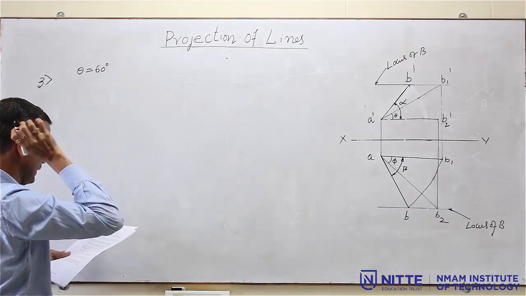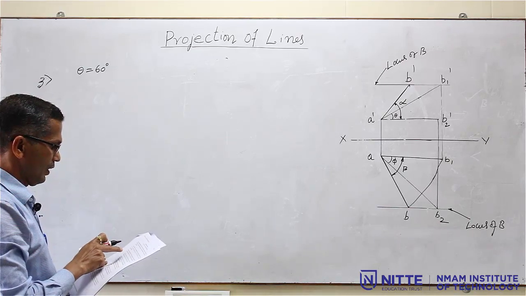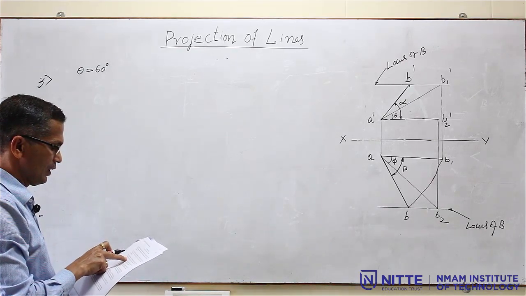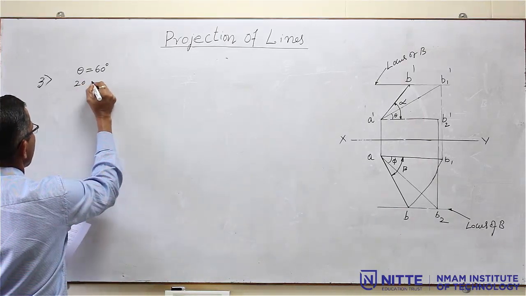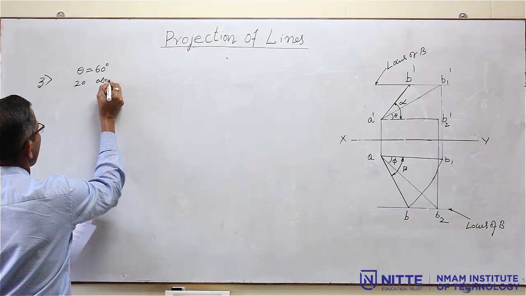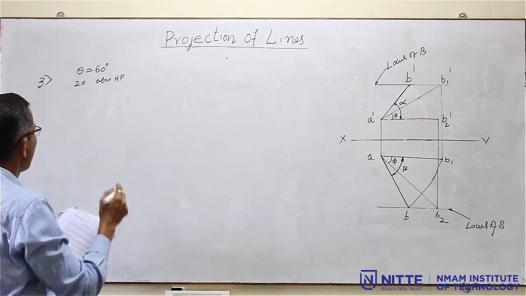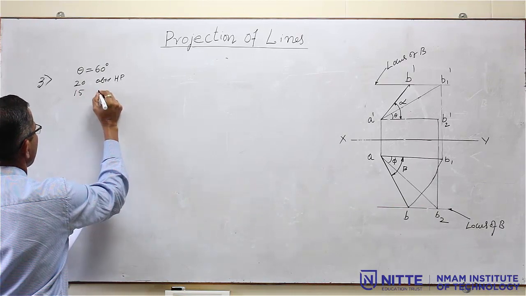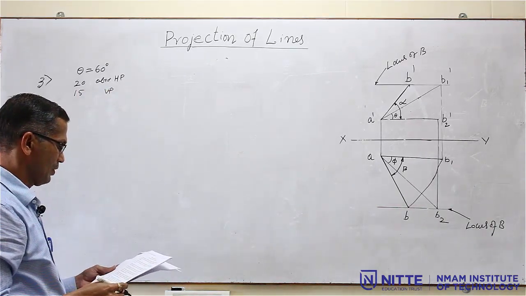HP inclination means theta. The lower end is 20 mm above HP and 15 mm in front of VP.